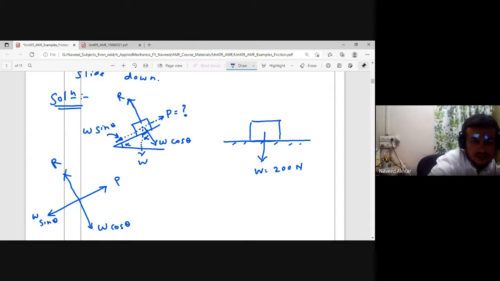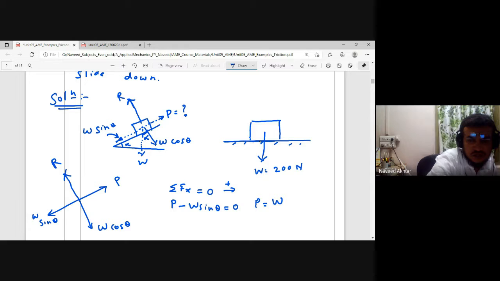These are the forces, है ना? If I do the summation of Fx equal to 0, right side positive, P minus W sin theta equals 0. Similarly, P is equal to W into sin theta.